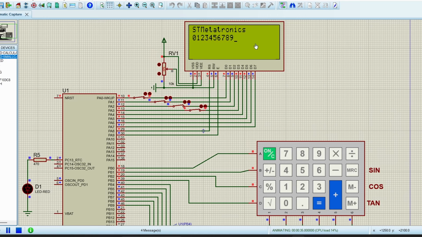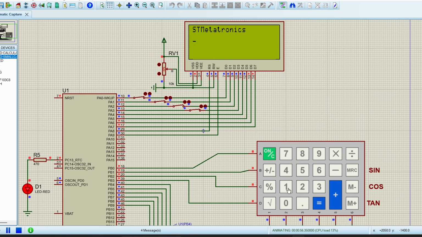These numbers are being properly displayed. Now we'll clear this. Whenever we press the clear function, everything that has been entered gets cleared, even the results of the previous arithmetic functions.